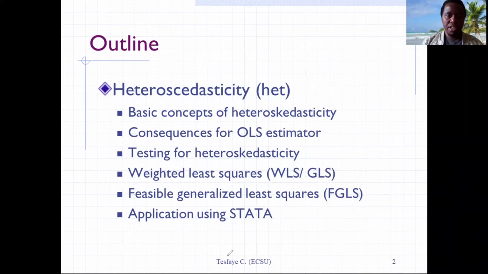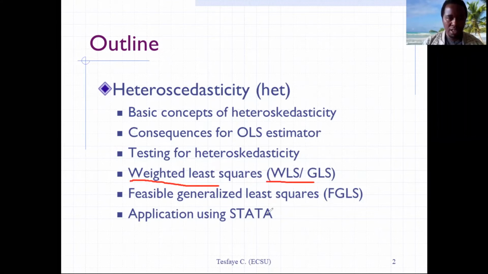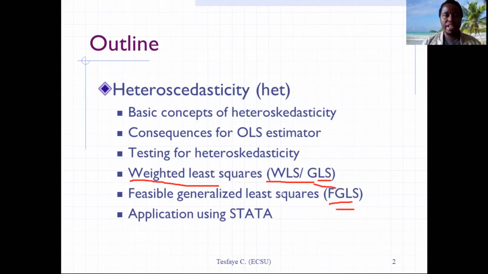And we will see how we can correct heteroskedasticity using weighted least squares. We can correct heteroskedasticity using generalized least squares, and also we can go for feasible generalized least squares. And finally, we will have a Stata application.